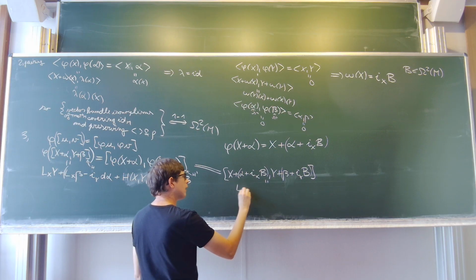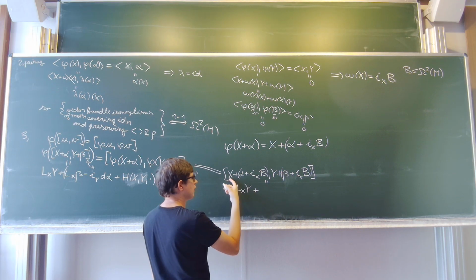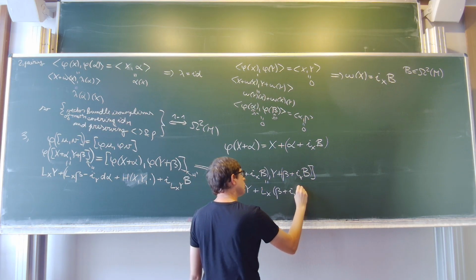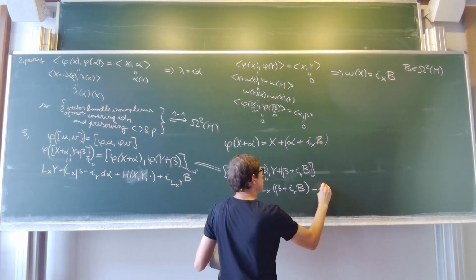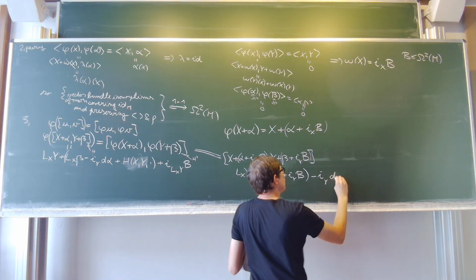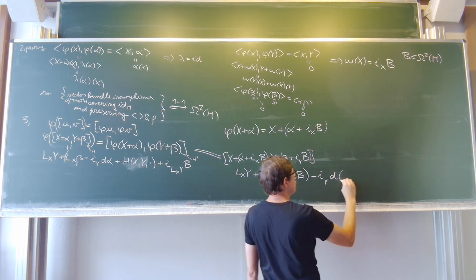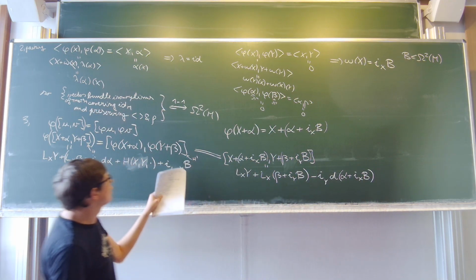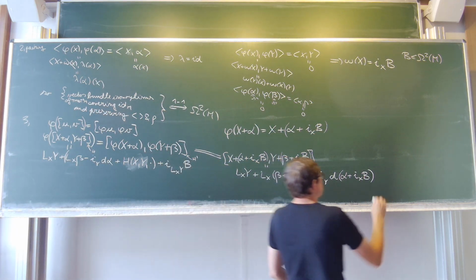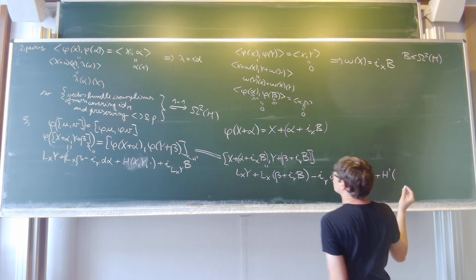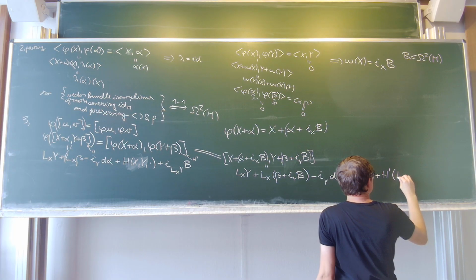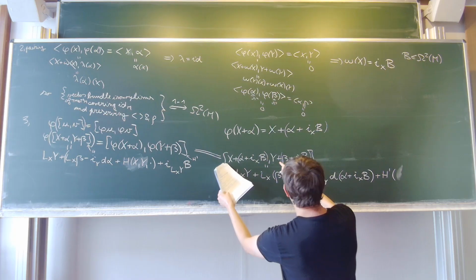parenthesis [x,y] plus the derivative of the one form, so L_x on beta plus i_y b minus contraction of the vector with d of the one form here, alpha plus i_x b. And because this bracket was twisted by H prime, we need to add this term.